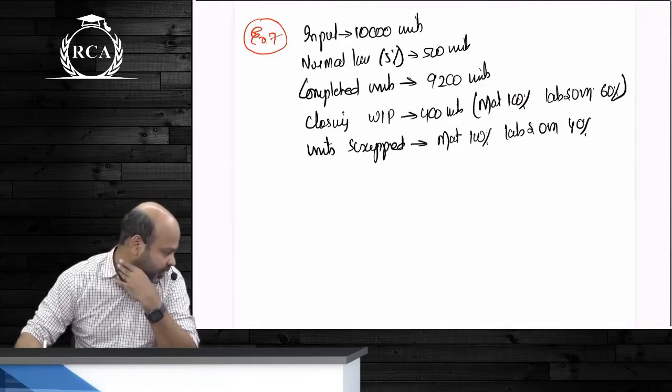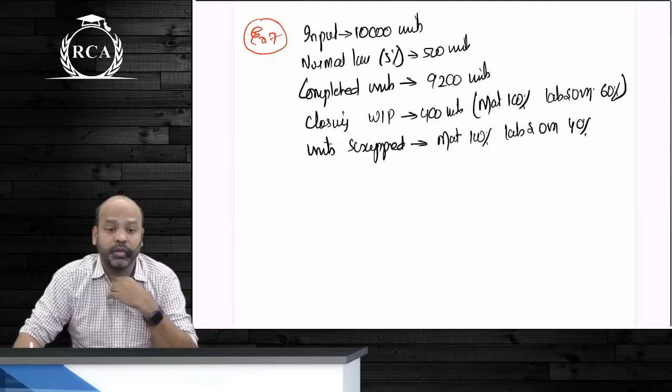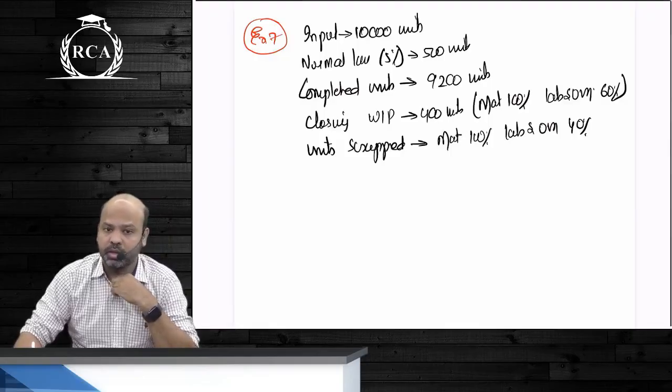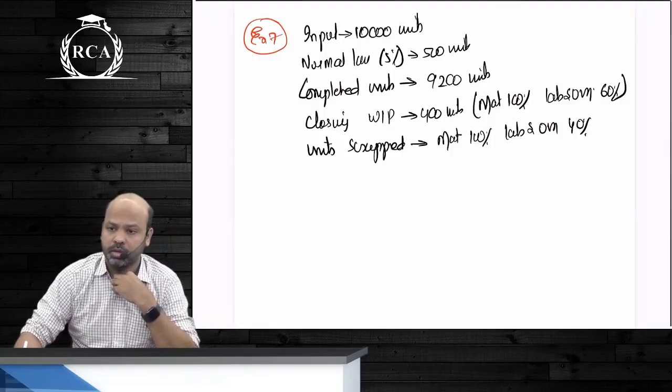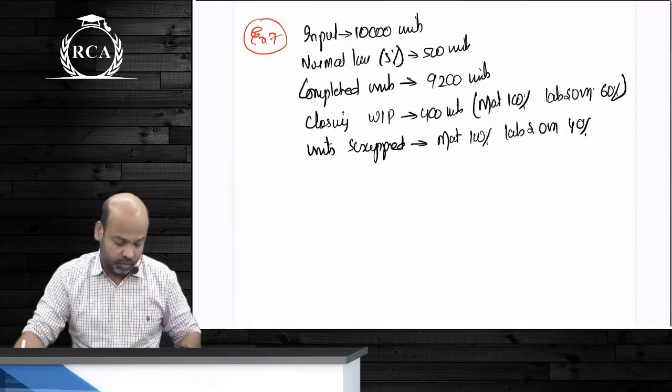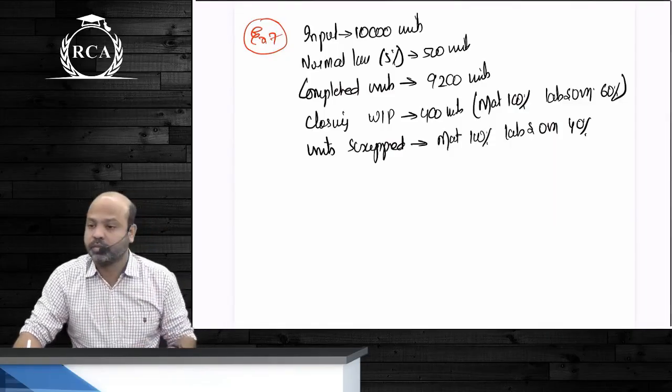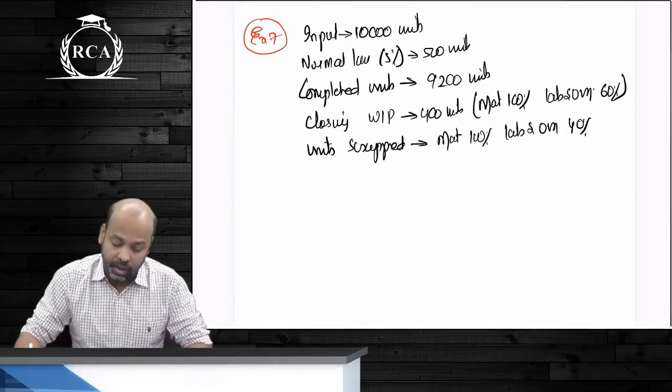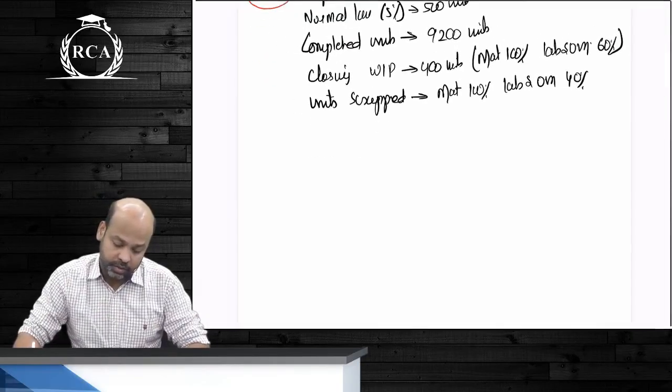Units scrapped will have material 100%, but labor and overheads 40%. Write this beta. Yes or no guys?